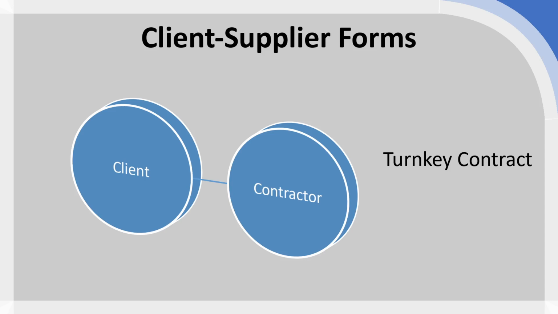The contractor will assume all responsibilities with significant freedom to actually get the facility up and running. And then when the facility is handed over, it's ready for immediate operation. So you literally put the key in, you turn it, and everything starts. So it's a very specific type of contract.